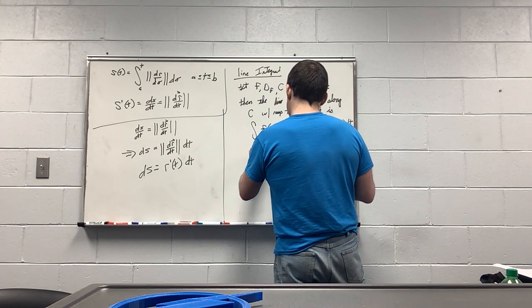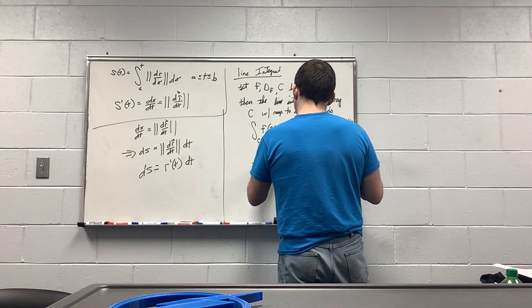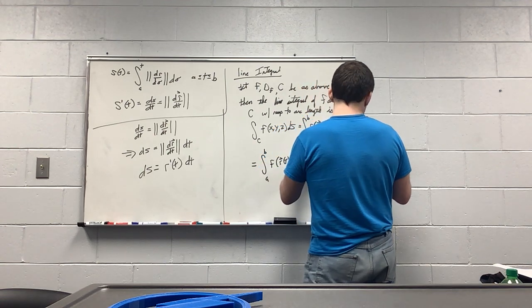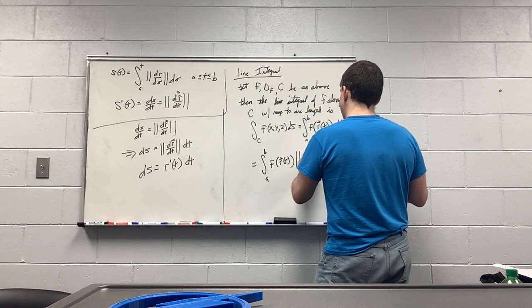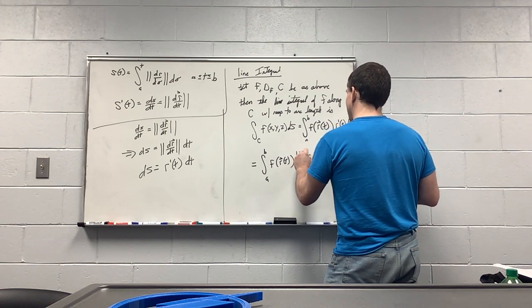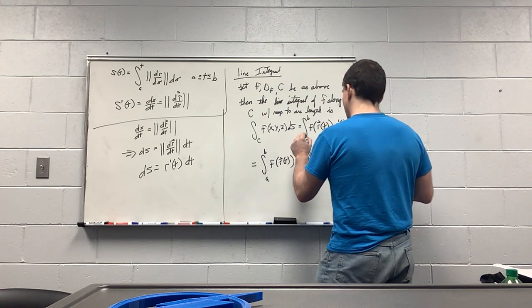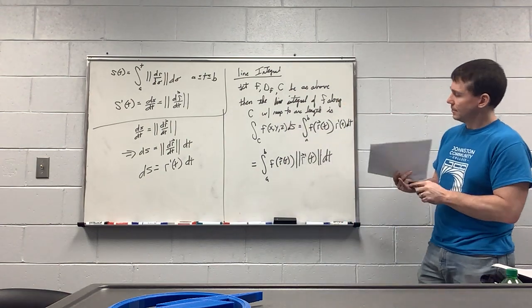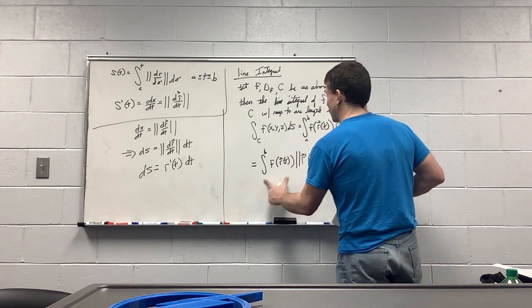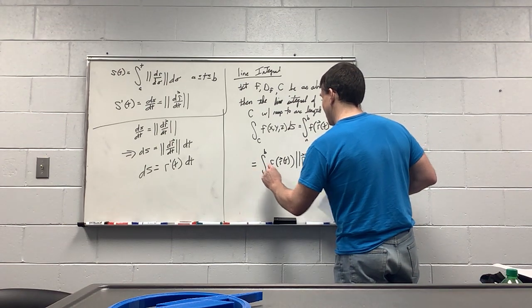We can also write it as the integral from a to b of f of r of t, magnitude r prime of t dt. And now I have a formula for my line integral.